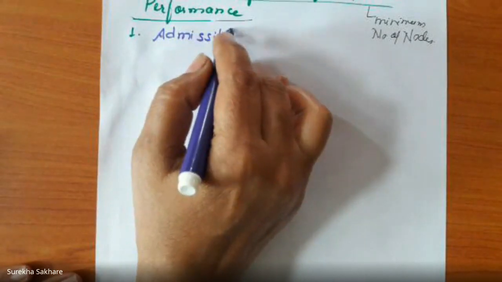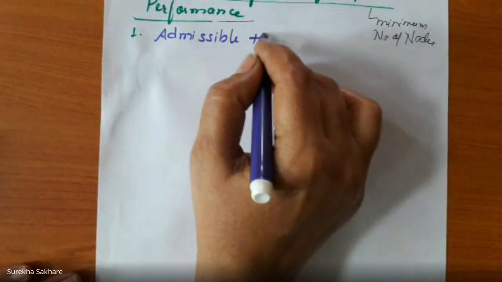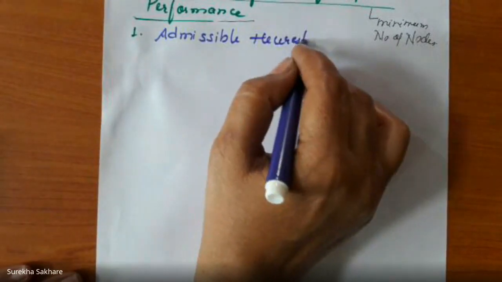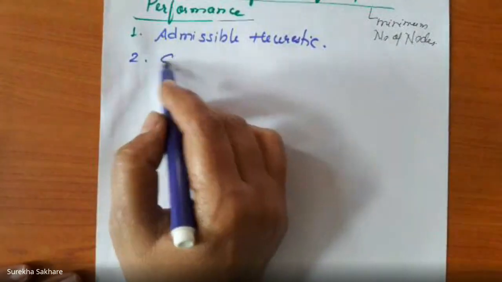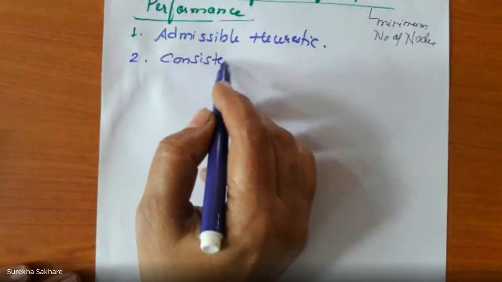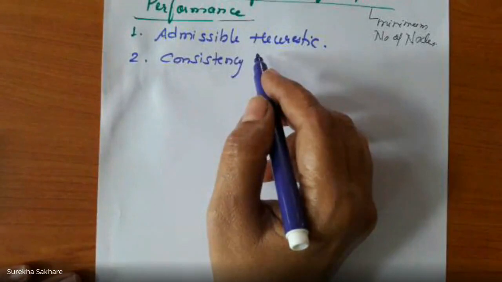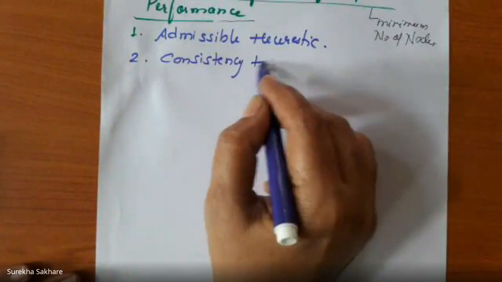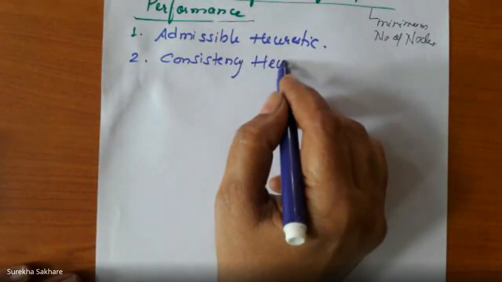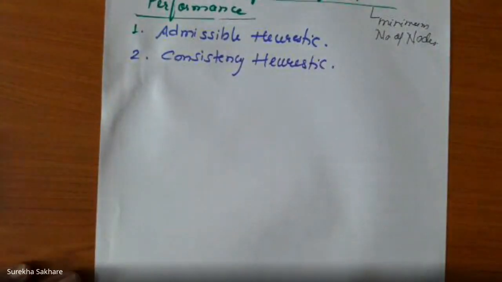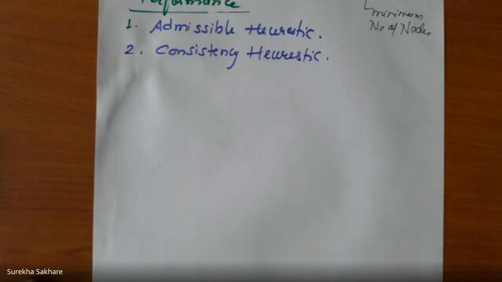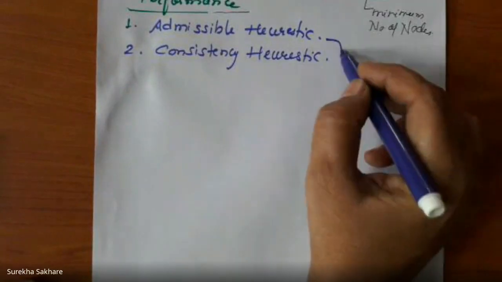Second is the consistency of heuristic. Now in admissible heuristic, we have a condition for C and G.